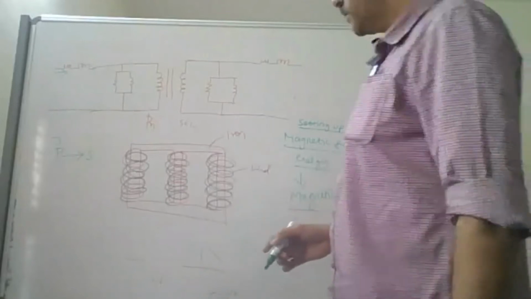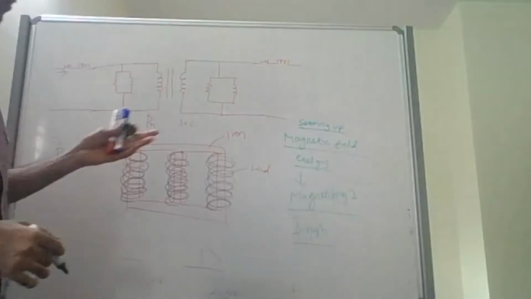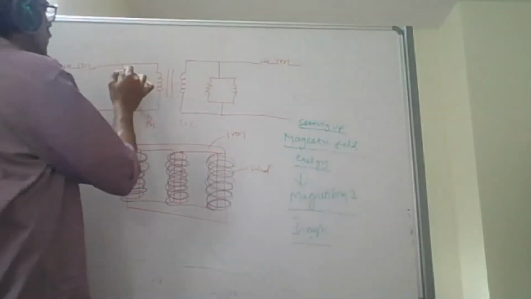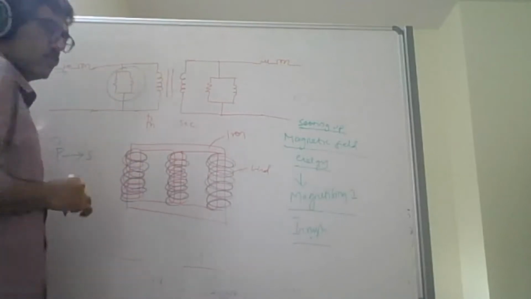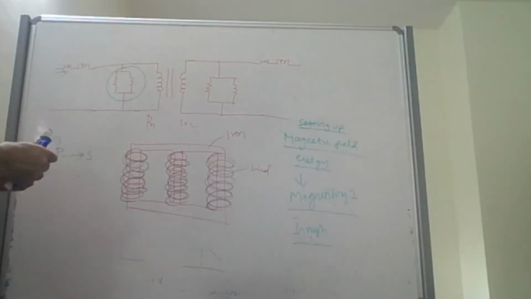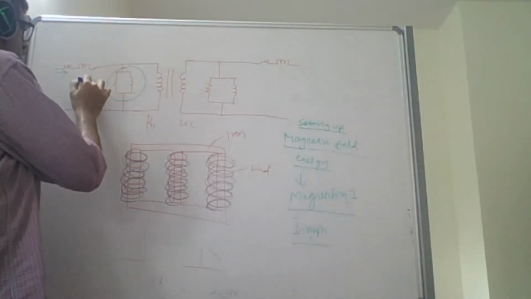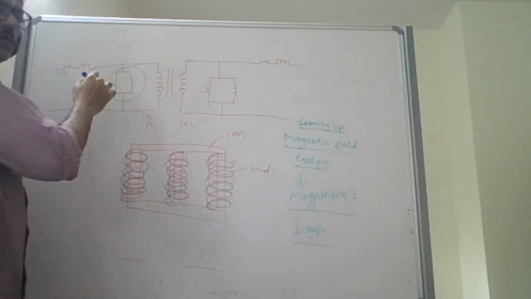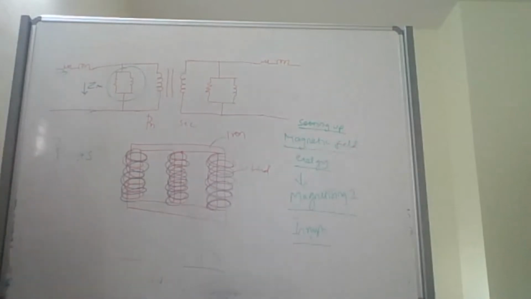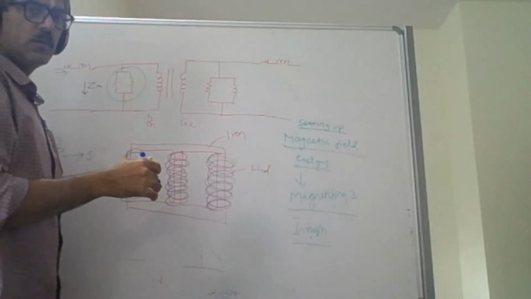Because as soon as you start, this magnetizing current will go there, this inrush current will go. In the beginning, the impedance offered by this will be very less. Gradually, when current starts flowing, after the magnetic field is set up, the current here will normalize.